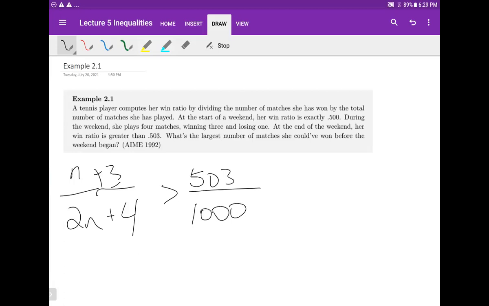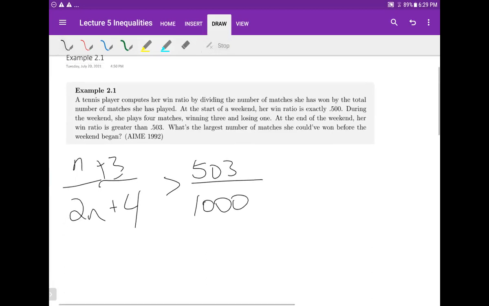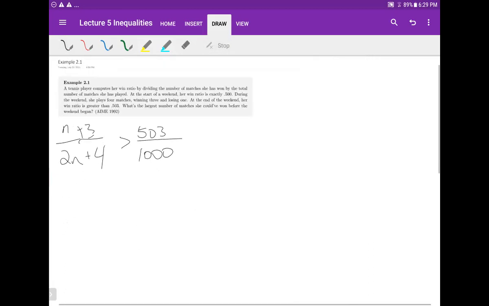And when you're faced with something like this, you can simply cross multiply, right? Basically what happens is you multiply the numerator of the left fraction with the denominator of the right fraction, and the numerator of the right fraction with the denominator of the left fraction. So I'll circle the pairs: this pair, this pair, this pair, and this pair.